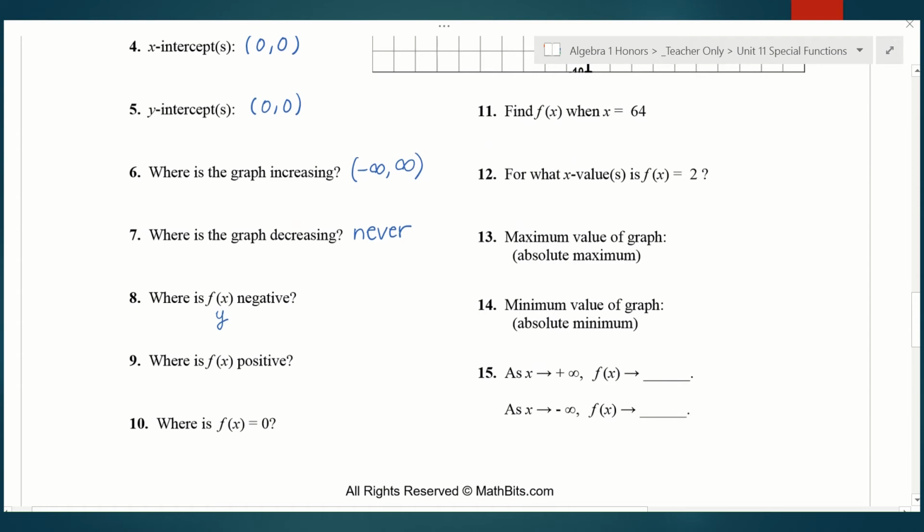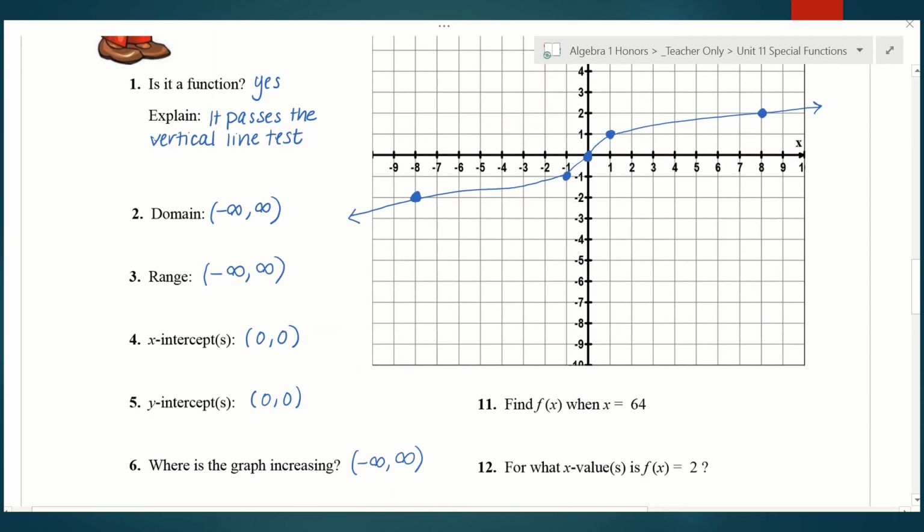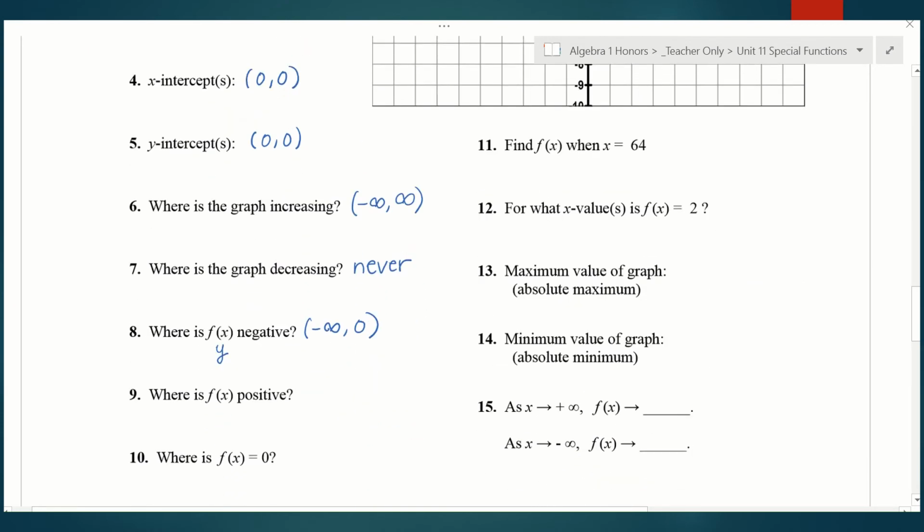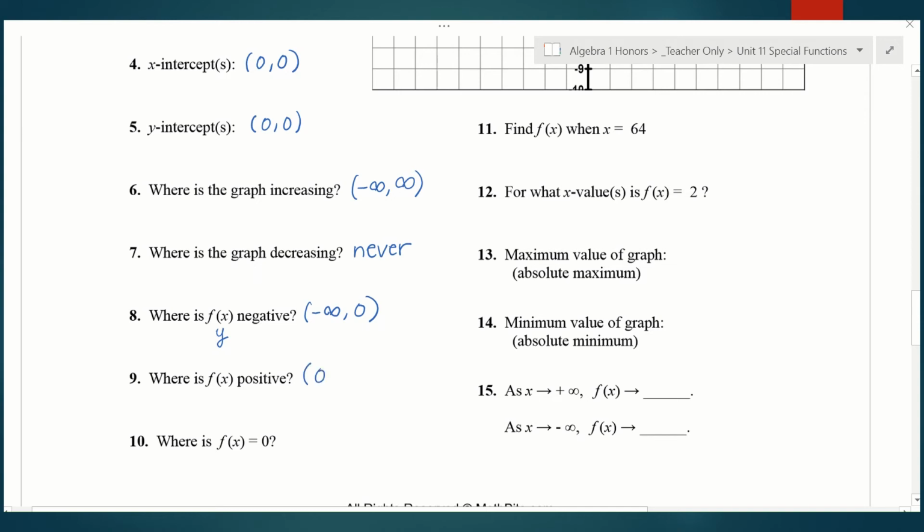So we want to say all the way from negative infinity to 0 is where we're going to have negative y values. And then where is f of x positive? So when are we going to have positive y values? Well, that's the second half of the graph. That's on the right side. Anything above 0 is going to give me a positive y value when I plug in a positive x. So I'm going to say from 0 to infinity.